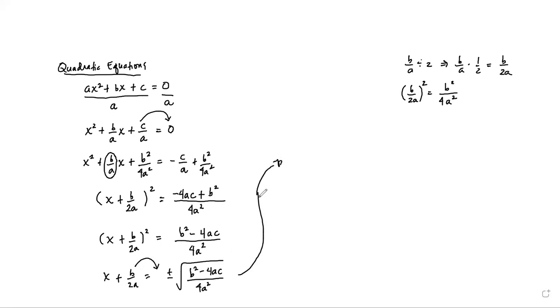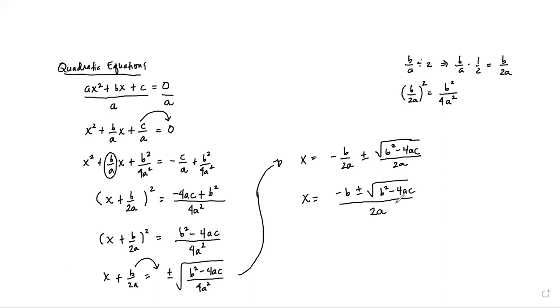And this will give us x is equal to negative b over 2 times a plus or minus, for the right side, now we simplify this as the square root of b squared minus 4 times a times c all over 2a. And then combining these two as a single fraction, we get x is equal to negative b plus or minus the square root of b squared minus 4 times a times c all over 2 times a. So this is our quadratic formula.